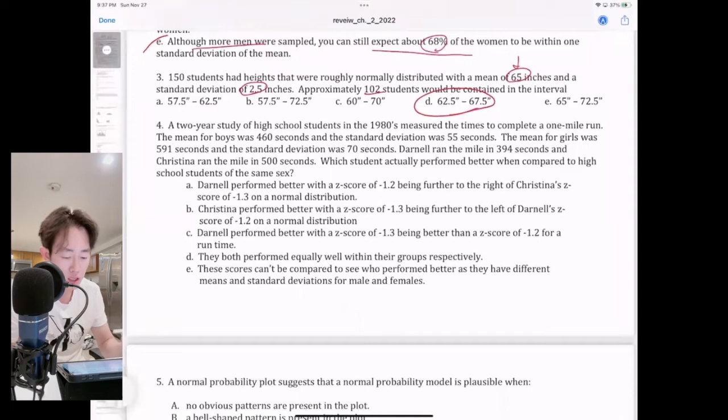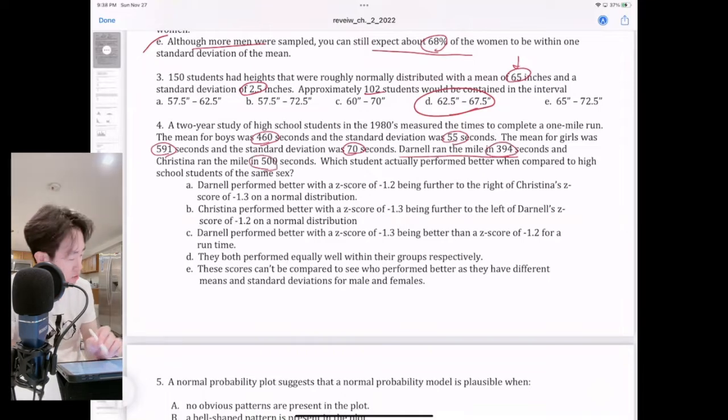Number 4, a study of high school students in the 1980s. We have the mean and standard deviations for both male and female, boys and girls. Darnell ran 394 and Christina ran about 500. When you read this, they ask you to find the z-score, which you should know the formula.